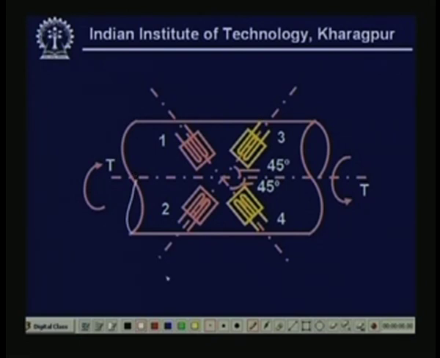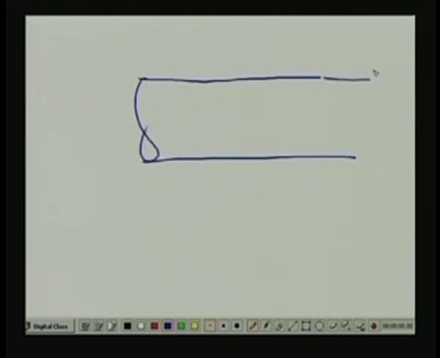Actually, if I take a blank page and draw the shaft like this, these strain gauges are installed on a 45-degree helix.